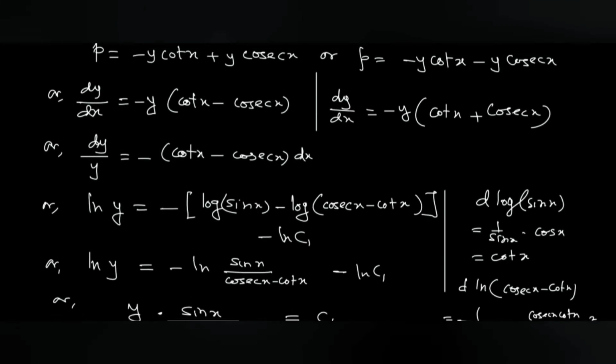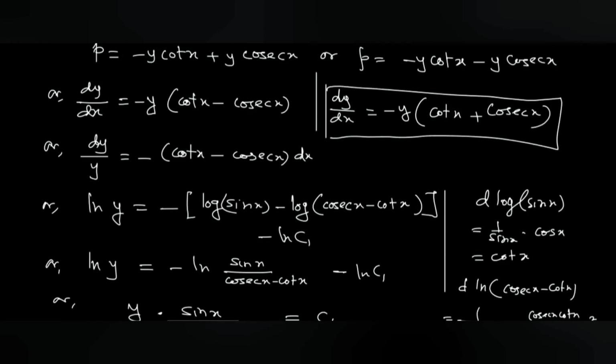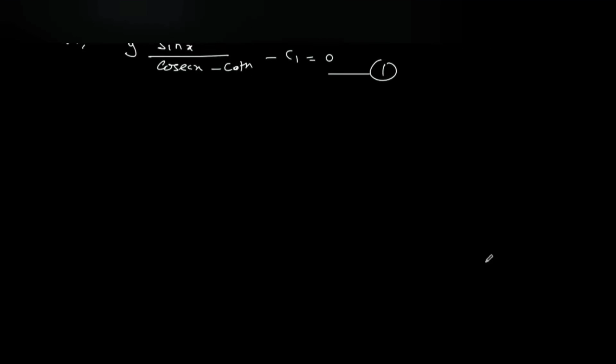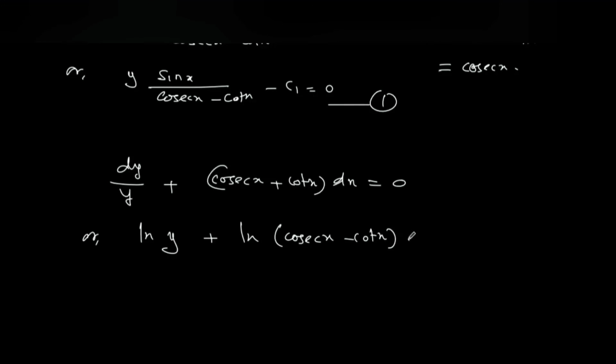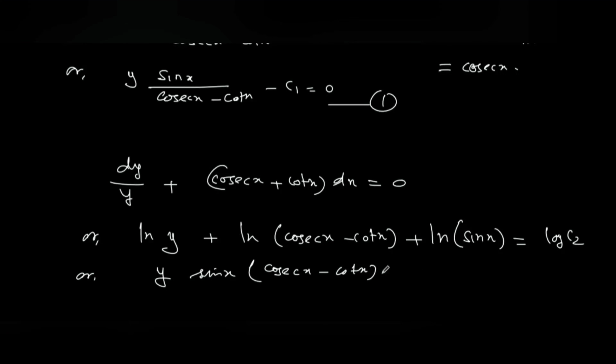Let's name it 1, and from this equation what we will get is dy upon y plus cosec x plus cot x dx equals 0, or log y plus log cosec x minus cot x plus log sin x equals log c2, or y times sin x into cosec x minus cot x minus c2 equals 0.